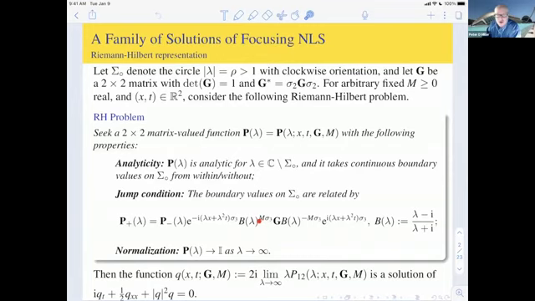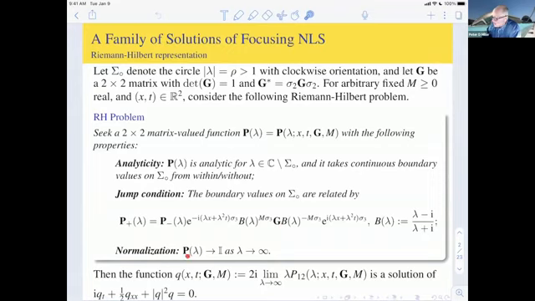If m is an integer, that makes complete sense, and otherwise it requires some interpretation. And here we're taking the cut to be exactly this vertical segment connecting i and minus i. That's completely contained within the circle, right? So we're talking about the values of that cut function on the circle when we discuss the jump condition, so that makes sense as well. And then we're conjugating all this with this constant matrix G here.